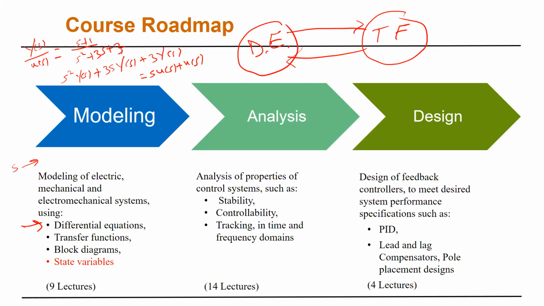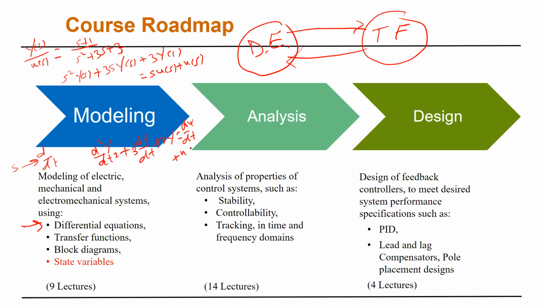Exactly. Derivative, dy/dt. So for the second derivative, you will have d squared y/dt squared plus 3 dy/dt plus 3y of t equal to du/dt plus u of t.